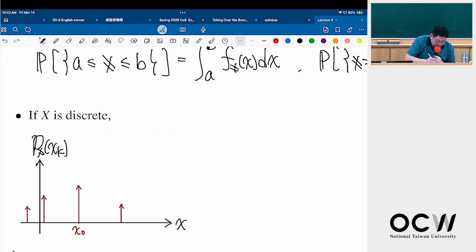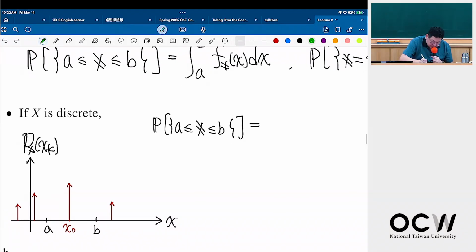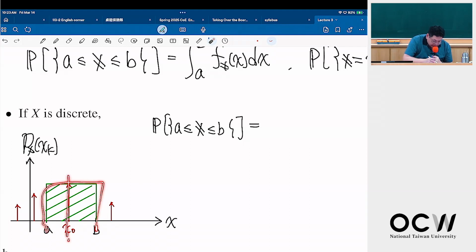Maybe this is X naught, and I still have A and B. Now I want to find the probability of the random variable between A and B. Between A and B, I only have a value at X naught.